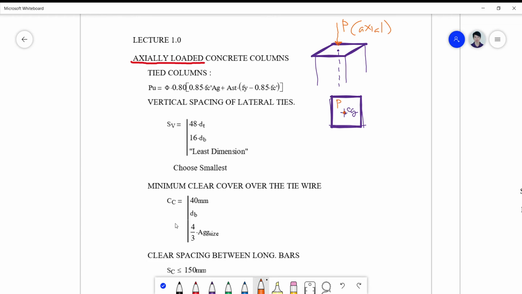This is what you call an axially loaded concrete column. And the implication of such is that your columns have zero eccentricity.